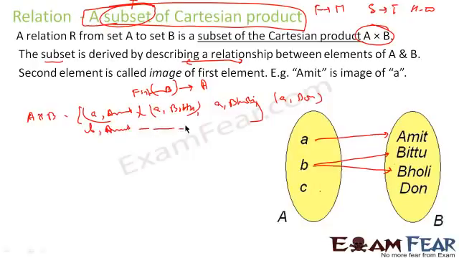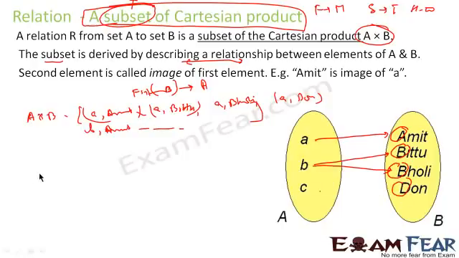If you keep on doing, you'll find so many sets. But when you say relation, you are taking a subset of this. And to create a subset, we should have a relation. So in this case, the relation is that the first letter of an element of B should be an element of A. And that's why we have created a relation.